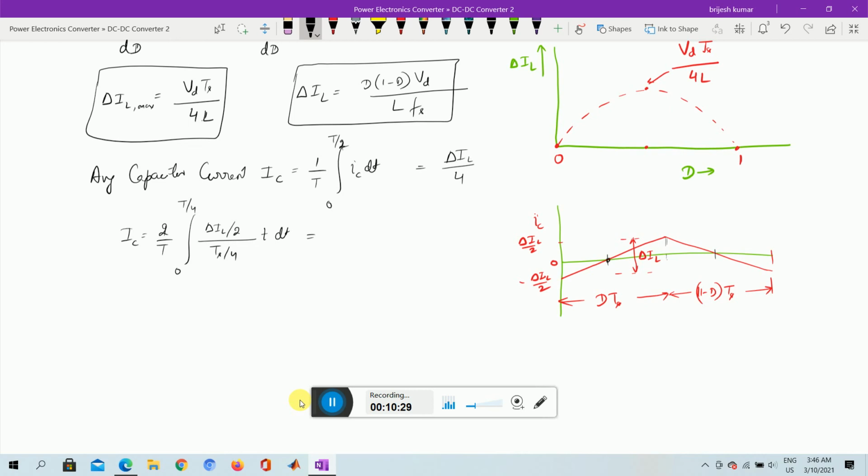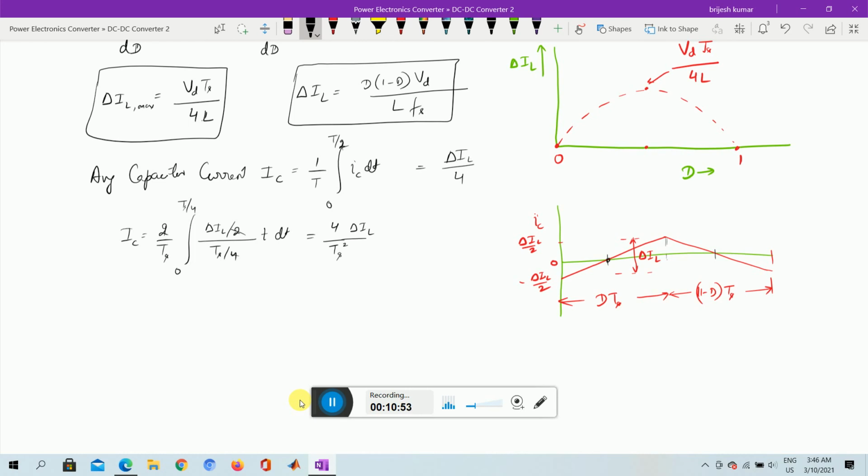So if we evaluate in this long process also, let us see what happens. These things cancel, and this will be 4 by TS, and this TS will come here again, and here you have del IL taken out.